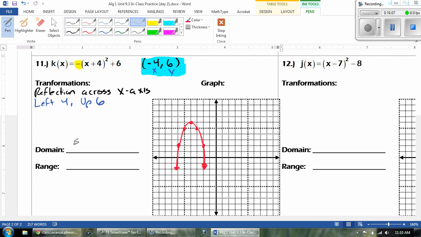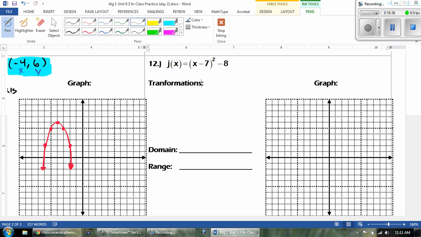So my domain is all real numbers. And for y, it is less than or equal to positive 6. I get the positive 6 because that's as high as my graph goes. And then it's less than that because it always goes below.